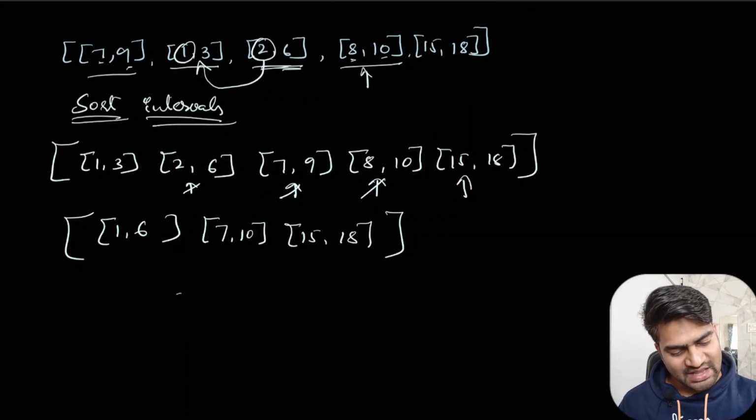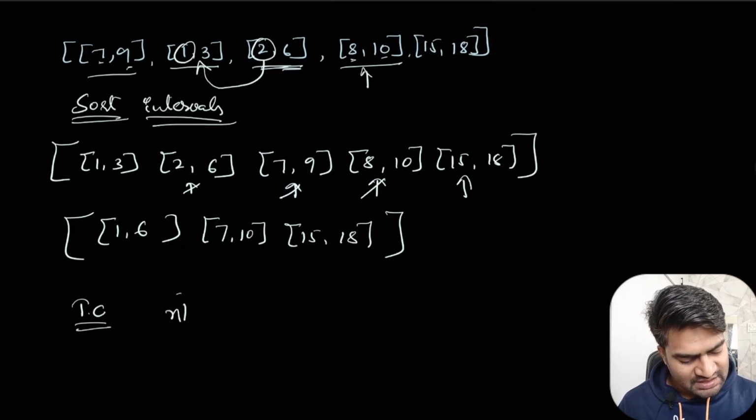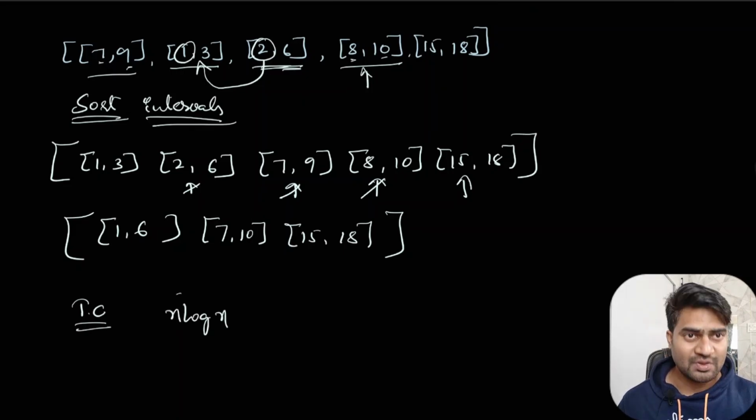Okay, so with that, let us try to understand the time complexity. For sorting, we need n log n, considering we use the best sorting algorithm. Let us assume we use merge sort and come up with the sorted values in n log n time complexity.